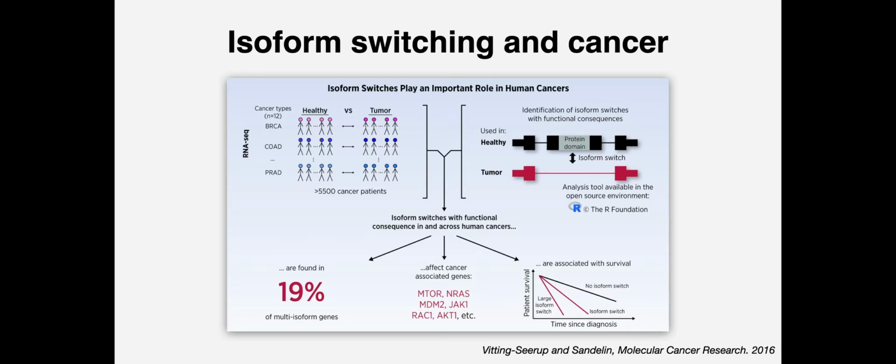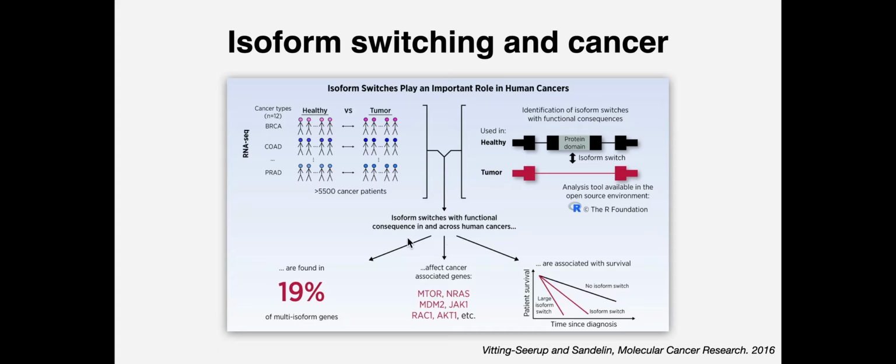And we know from many diseases, including cancer, which I'm showing here, that isoforms have a strong association with disease. When a tumor develops, regardless of the cancer type we're talking about, if you do isoform usage analysis in healthy versus tumor, you can detect many genes with isoform switching that have functional consequences.